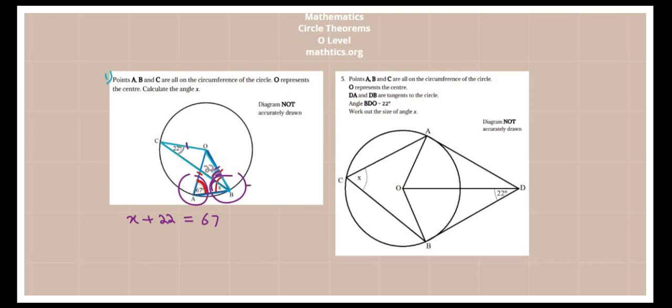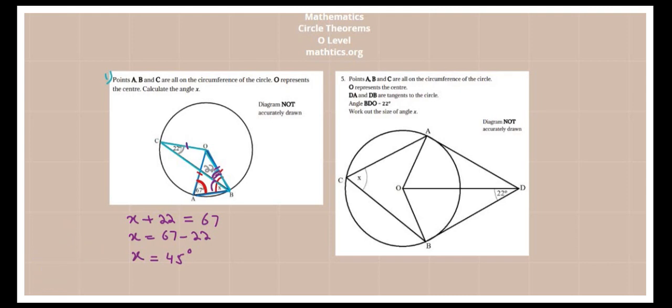We don't know x, but we will calculate it by using this equation. So x plus 22 is equal to 67, which means x equals 67 minus 22, and 67 minus 22 is 45. x is equal to 45 degrees is the answer for this question.